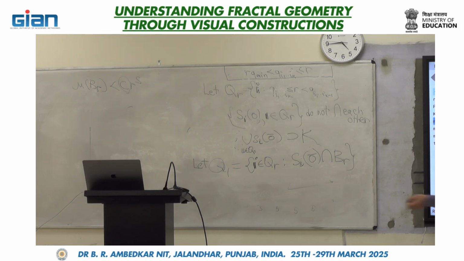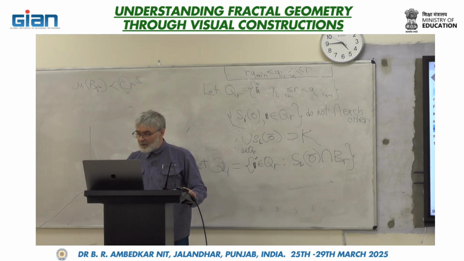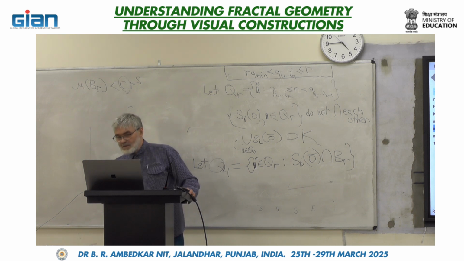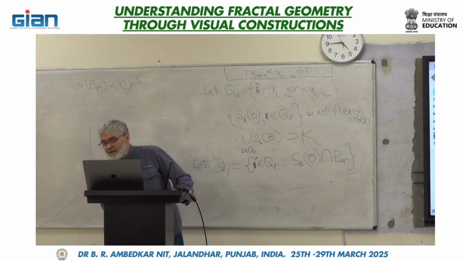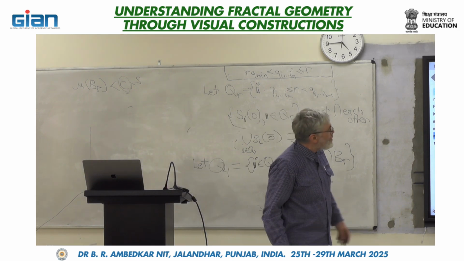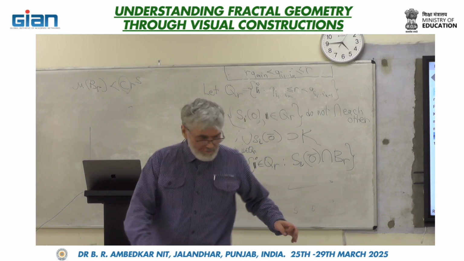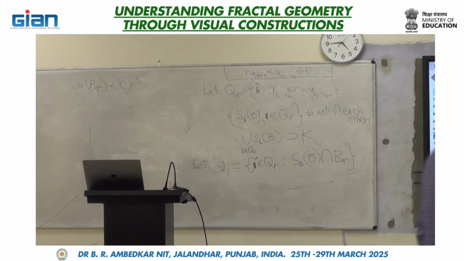But if we make a first image of the main tree, then we'll get this picture. And if we make a second iteration, then we'll find this. Do you see this picture? Is it visible?